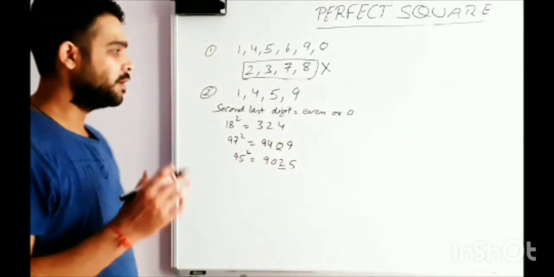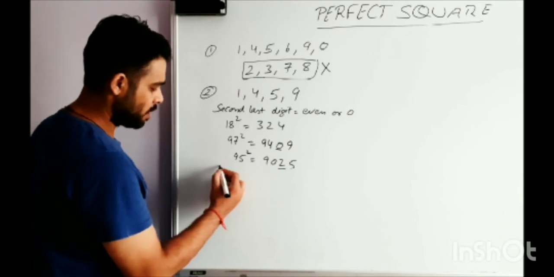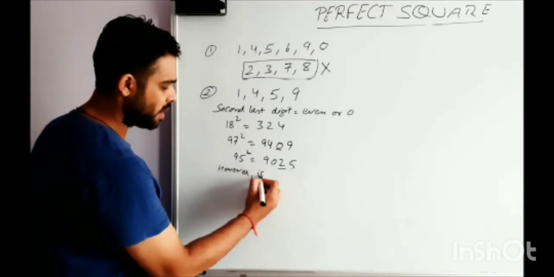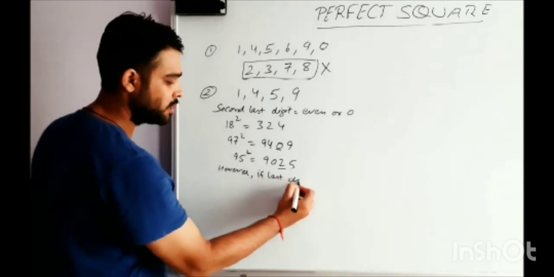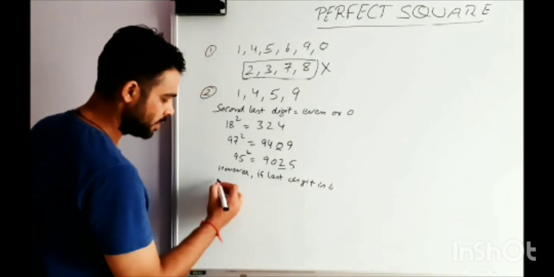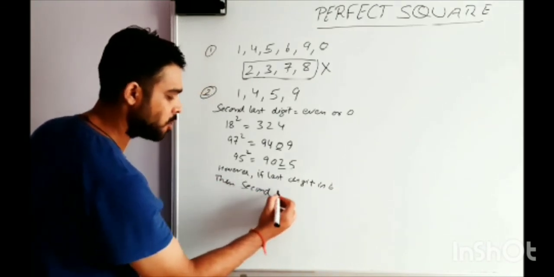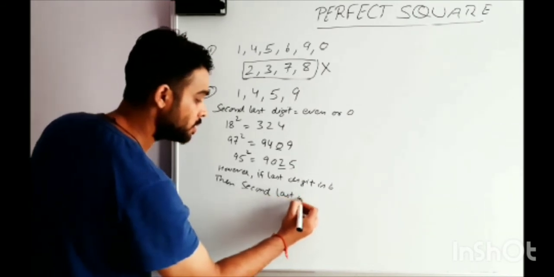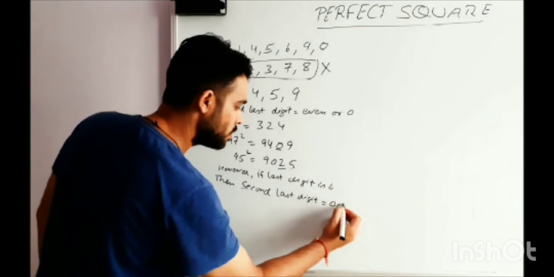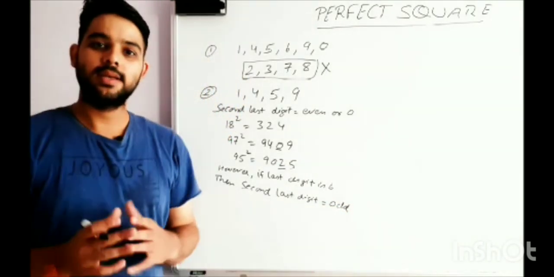However, if the last digit is 6, then the second last digit will always be odd.